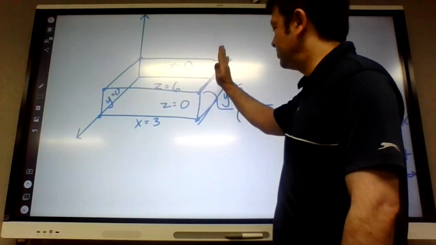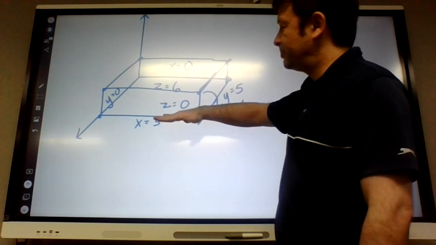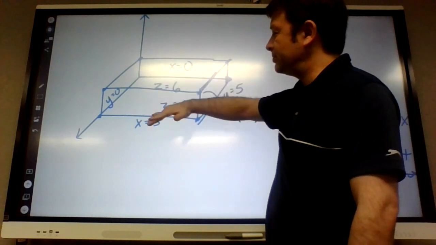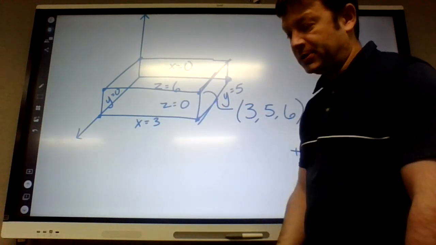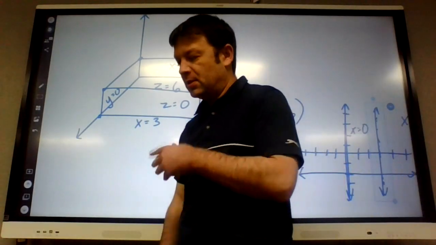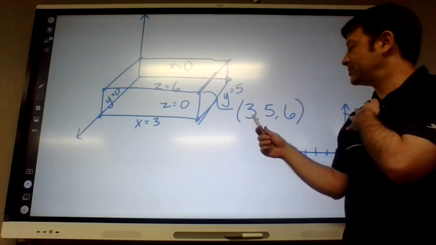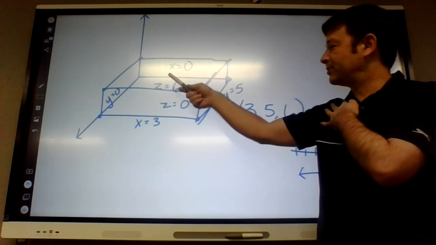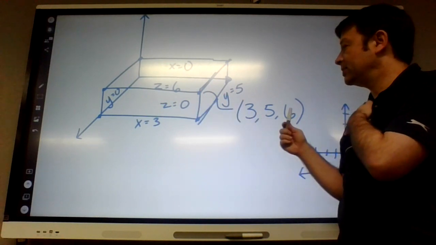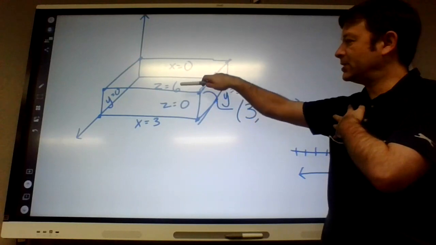The planes that are coming out directly at us are all x equals, the planes that are horizontal are z equals, and the other vertical planes are y equals. The values kind of match this point right here, because this point is 3 out, 5 to the right, 6 up. So this plane is 3 out, this plane is 5 to the right, this plane is 6 up.